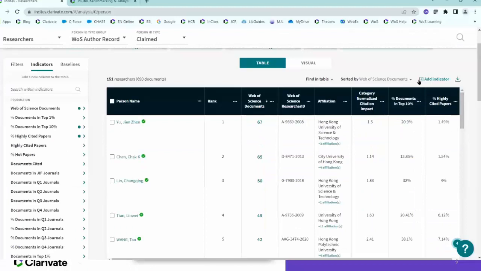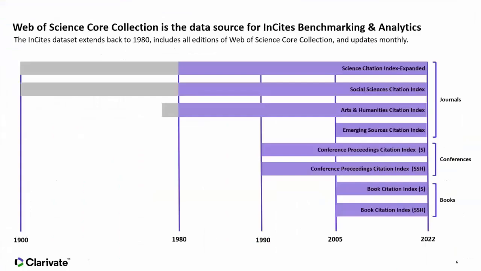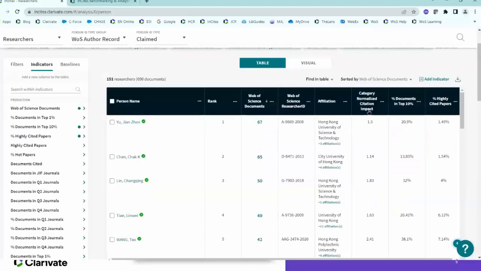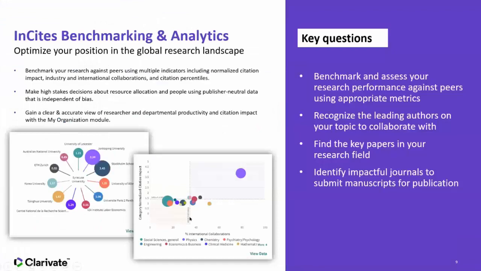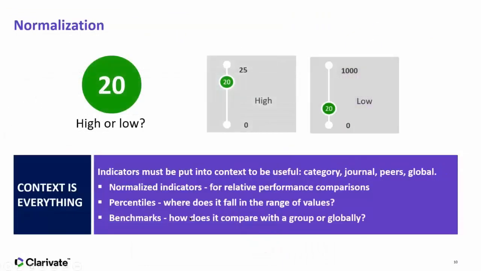Now let's talk about the normalized indicators that I have added just here on the right side. Category normalized citation impact is one of the most important indicators in InCites, and it's also used in one of the Shanghai rankings, the one related to academic subject areas. Let me explain what this indicator is and what normalization is. So I need to use my presentation for this.